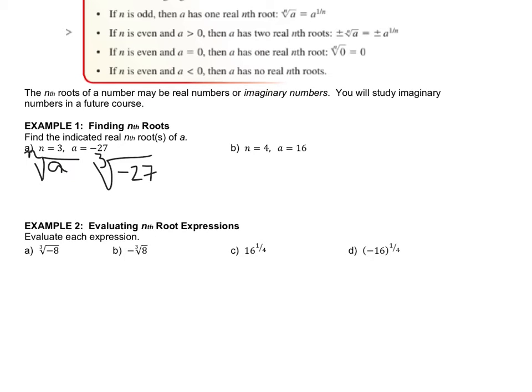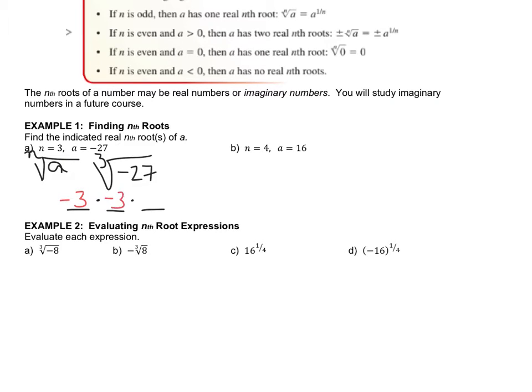What that means is I need to find some number times itself 3 times, because the index is a 3, that will give me negative 27.